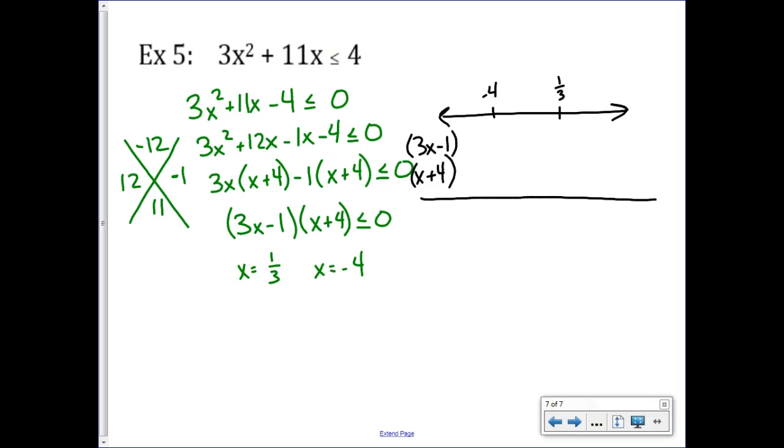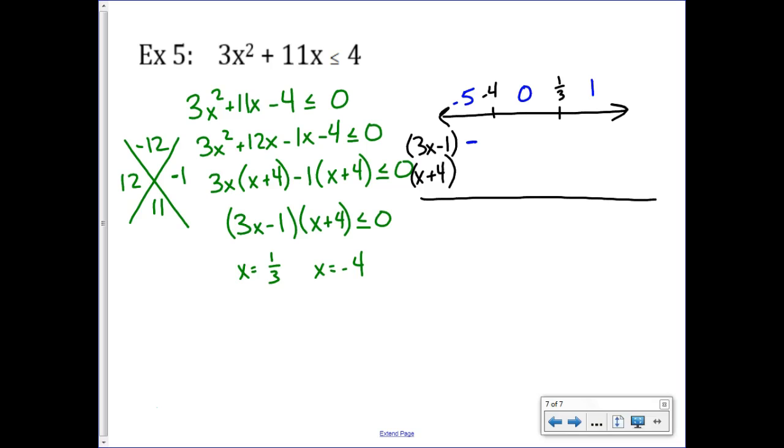And then I need to find the result. So something smaller than -4 would be -5. Something between -4 and 1/3, 0. Something bigger than 1/3, I'll keep it easy and I'll just do 1. So 3 times -5 minus 1, that would be a negative.